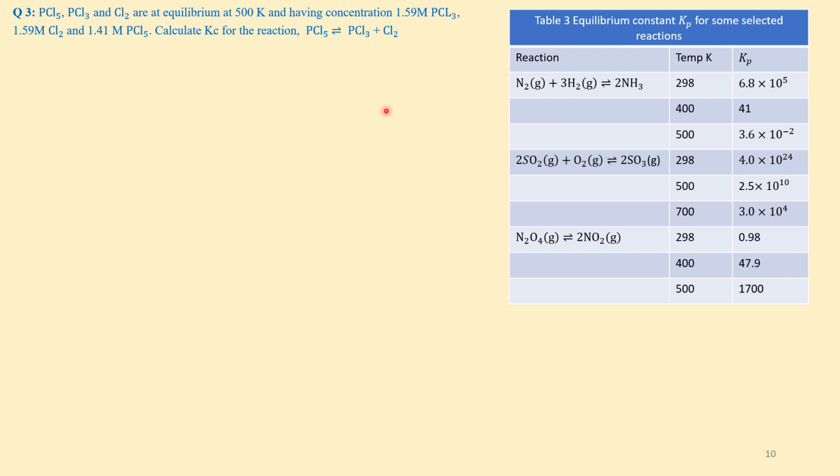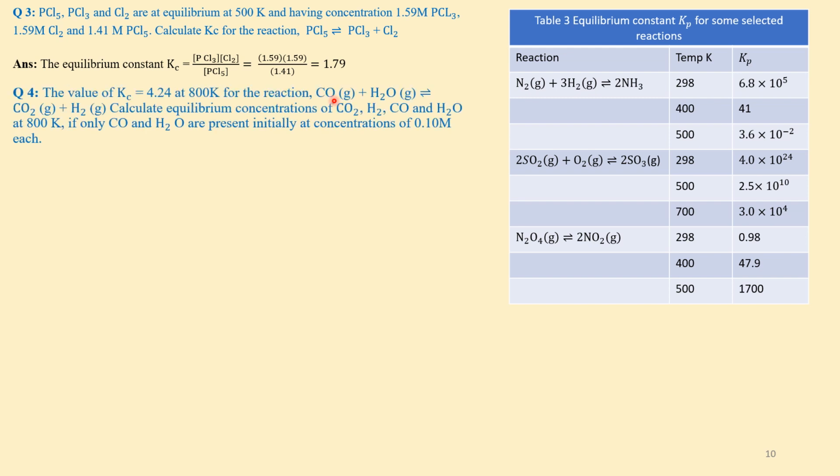Both forward and reverse reactions are possible. Let us solve it. At equilibrium, apply the formula Kc equals the concentration of products PCl3 into the concentration of Cl2 divided by the concentration of reactant PCl5. Substituting the values, we get the answer as 1.79. This is the answer. Next question.